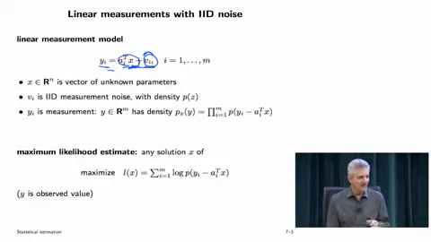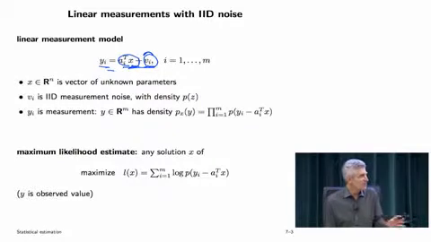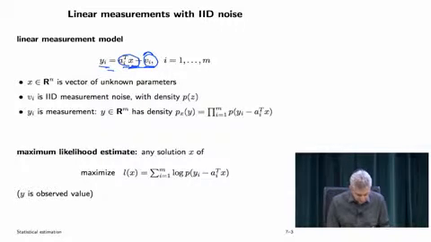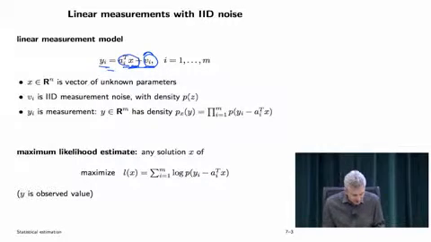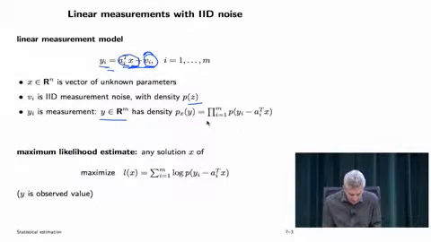At the end of the day, you end up doing the same things with this, but it is actually interesting to sit for a minute and think about the different views of what y equals ax plus v can mean. Okay, so there's nothing deep in this. I'm just saying these are the two views. Now, I'm going to assume that the vi are IID with some density p of z. If the parameter has the value x, then the density of y is this, right?